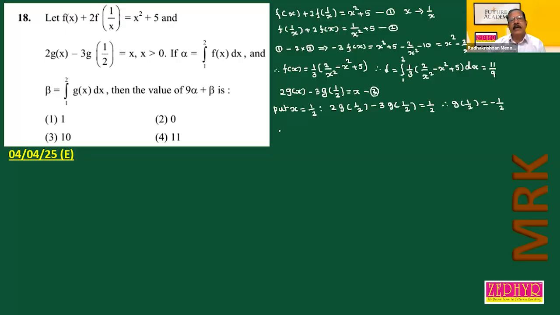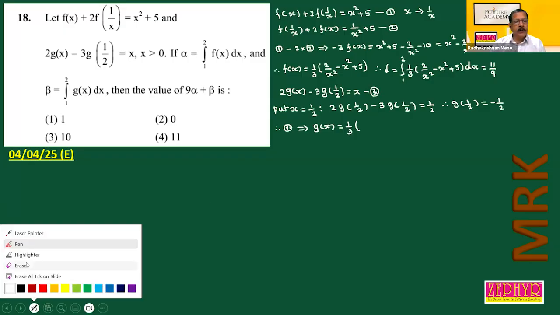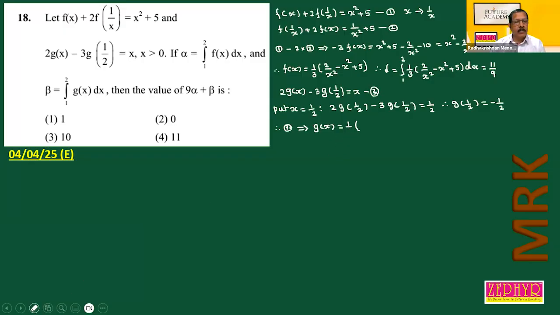Therefore, what is g of x now? So equation 3 implies, when you simplify, you will be getting g of x is equal to 1 by 2 into 3 into g of 1 by 2.